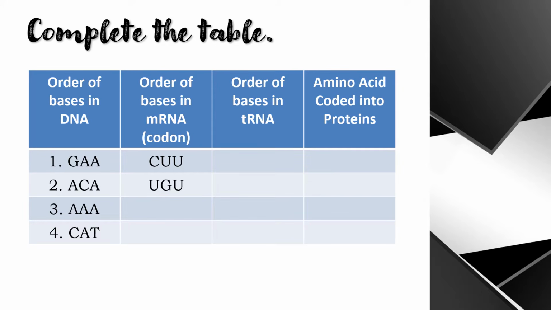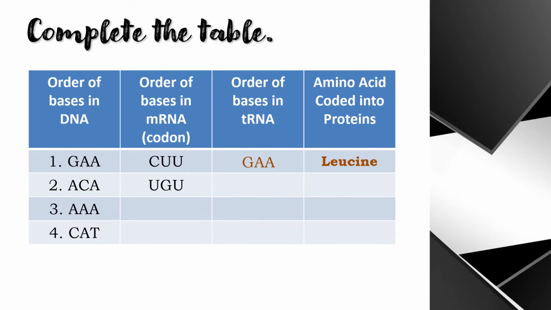Number 1, we have guanine, adenine, adenine. The order of bases in mRNA is cytosine, uracil, and uracil. The order of bases in tRNA is guanine, adenine, and adenine. The amino acid is leucine.